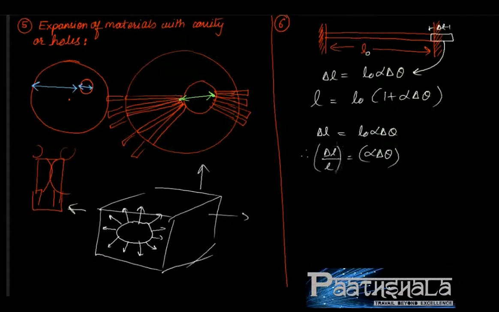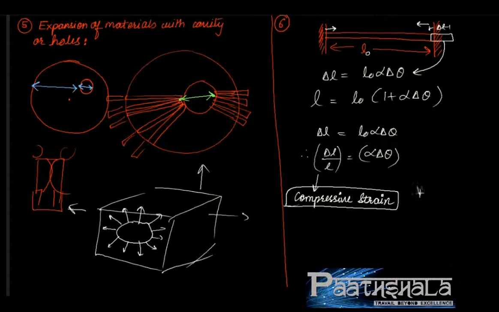And delta L by L is nothing but the compressive strain. That's it. So what will be the additional force exerted on the walls because of this compressive strain?